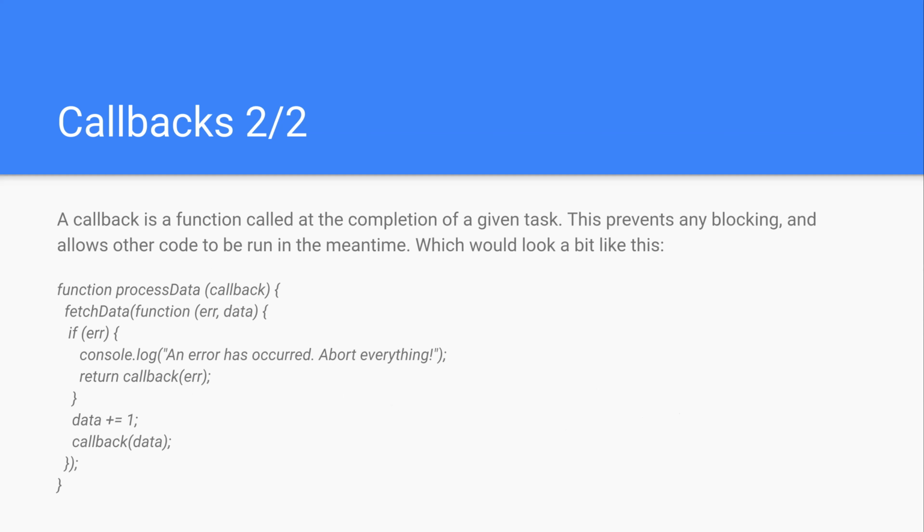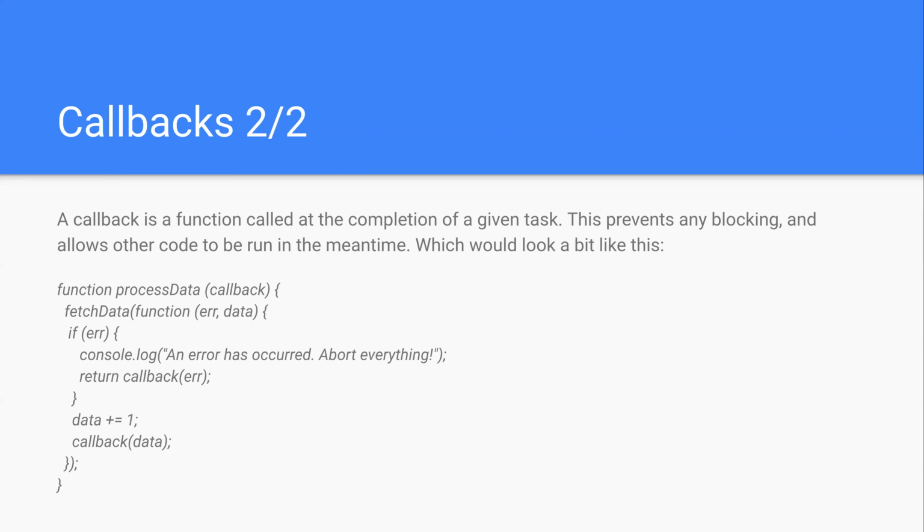So usually how Node deals with that is through callbacks, even though in our courses, we were more used to promises. Basically, a callback is a function that you call when a task is complete. And this prevents needing to block with awaits or other things like that.